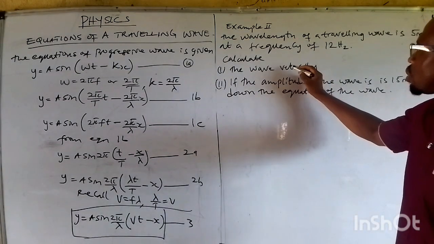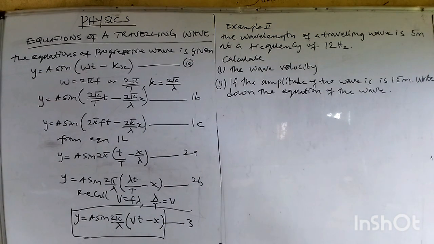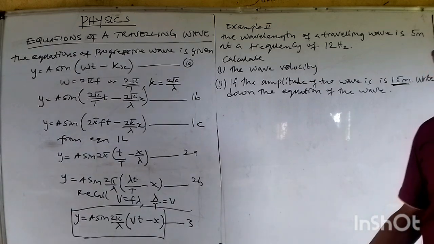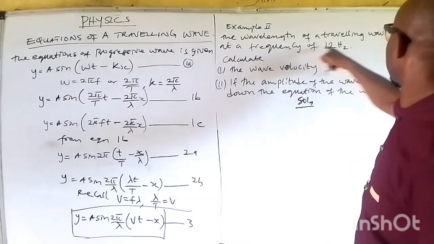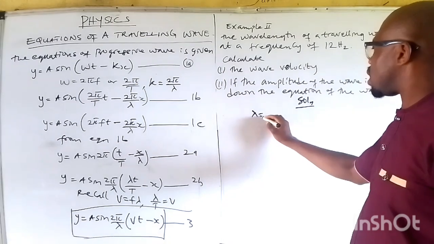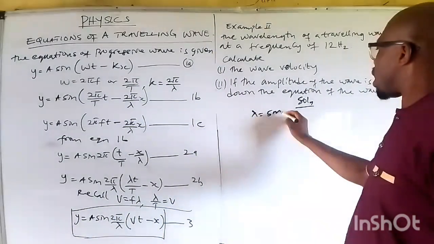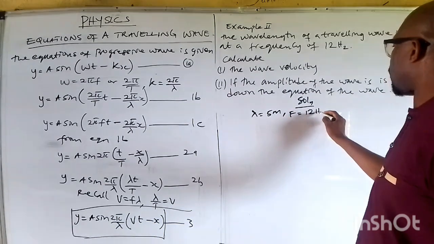The second question is, if the amplitude of the wave is 15 meters, write down the equation of the wave. Solution. From what we have, the wavelength of a traveling wave is 5 meters, and the frequency is 12 hertz.